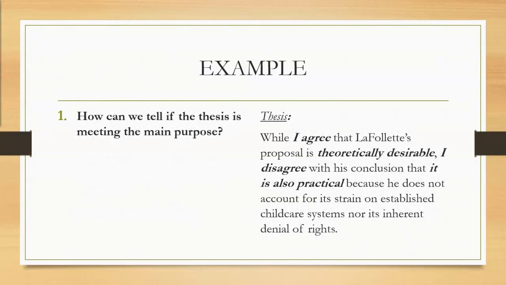So again, if we're looking at this to determine if it meets the main purpose, what parts of it are letting us know that it is a response? So I have here bolded and italicized some things that let us know that this is a response, that we're saying that it is theoretically desirable, and we're saying that it is not practical, or that we disagree that it is practical.